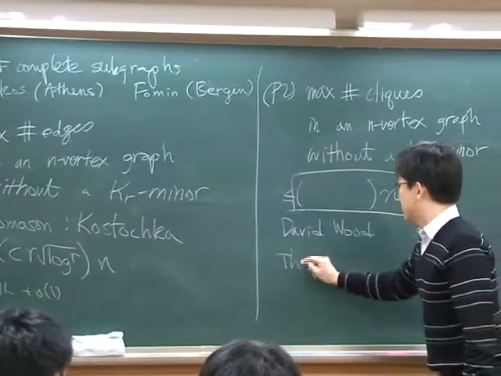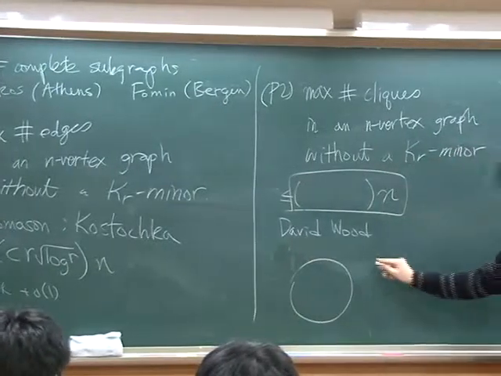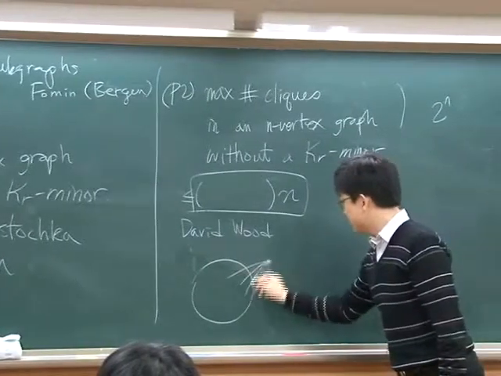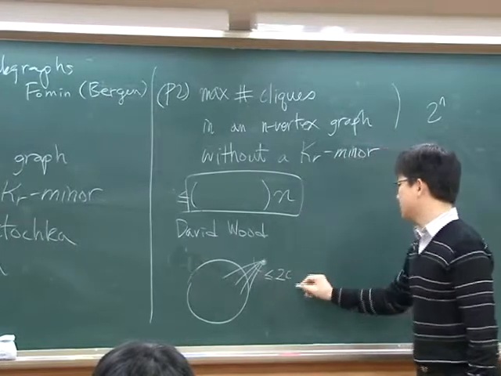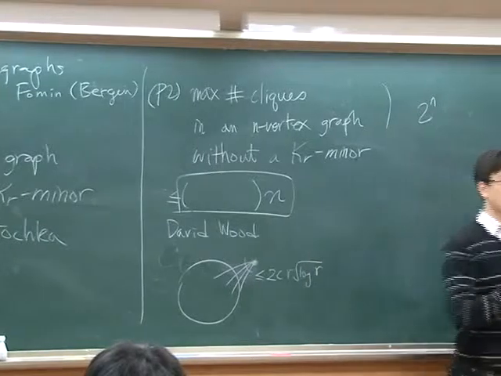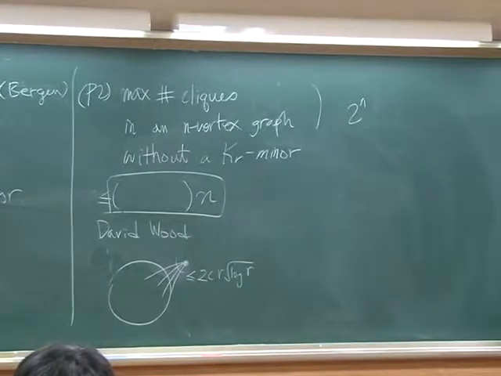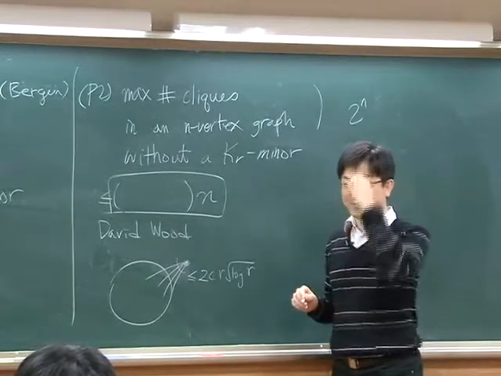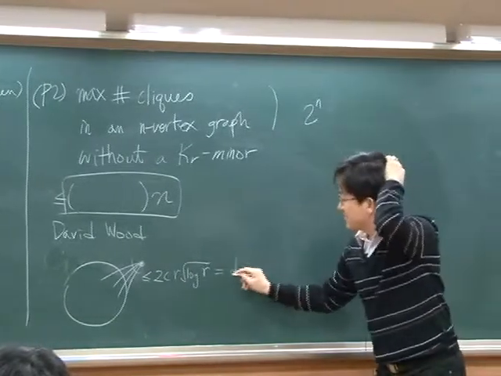So if you have a K_r minor free graph, then you have a vertex of degree at most twice constant r square root log r. You must have a vertex of small degree. This is because the sum of degrees is equal to twice the number of edges. So let's say this number is d.